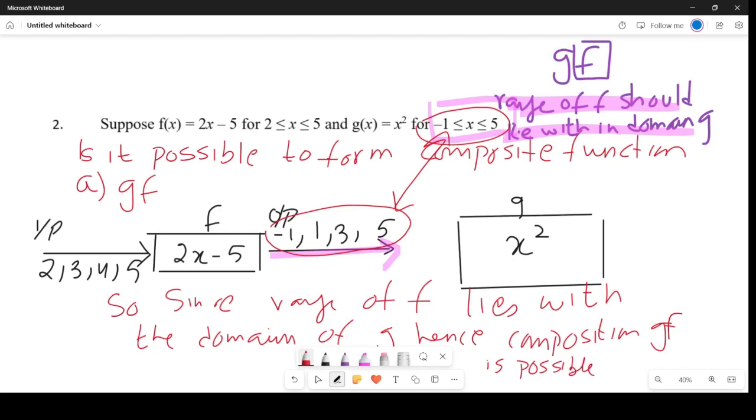Next example: you have to check if it is possible to find fg.